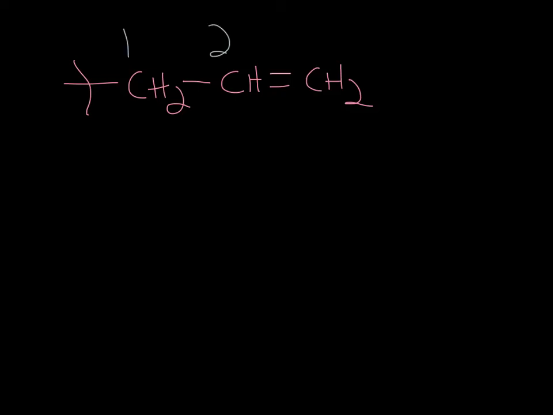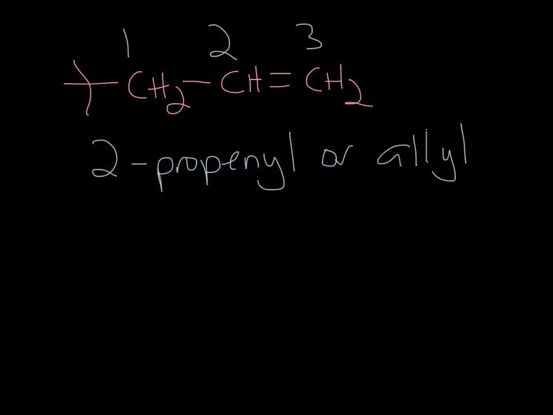Another common group is this guy. And systematically, this is my chain where the squiggle is. So if I numbered it, it would be 1, 2, 3. So this would be 2-propenyl, but this guy is often called an allyl group, as a common name.